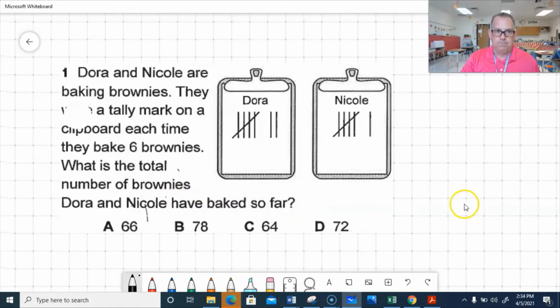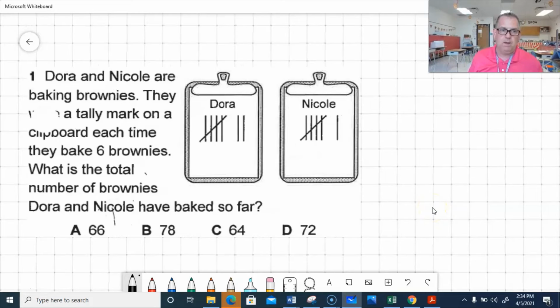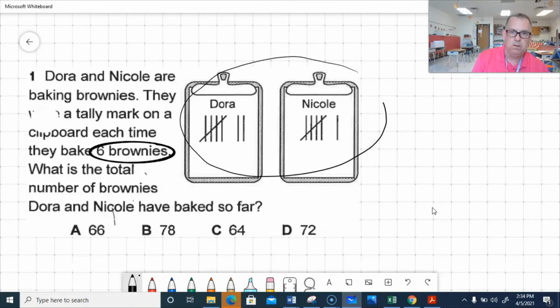So we're going to go ahead and circle some important information. The 6 brownies, and she's making a tally mark for every time she makes 6 brownies. So we need the picture of the clipboards Nicole and Dora have right there. And then I'm going to underline the question.